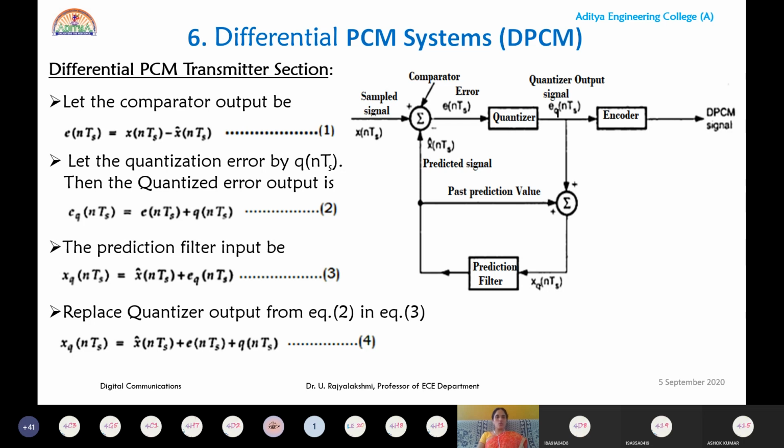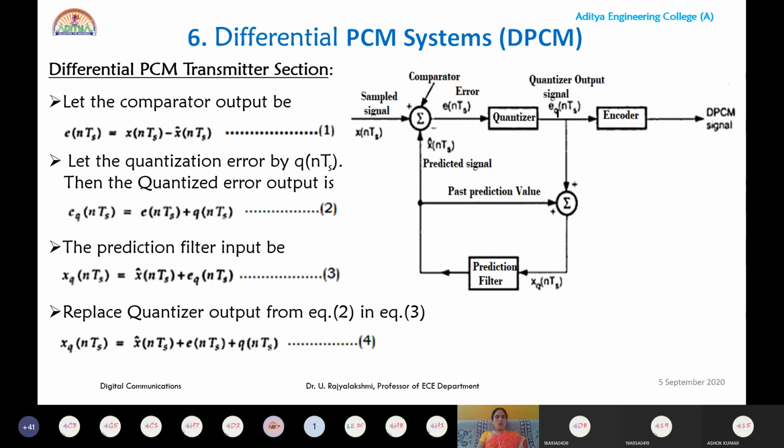Replace equation 2 in equation 3, because from equation 2 you will get the quantizer output, that is EQ of NTS, as E of NTS plus Q of NTS.